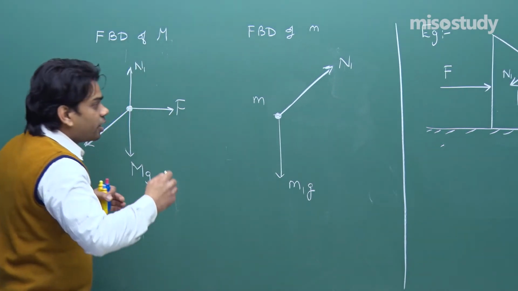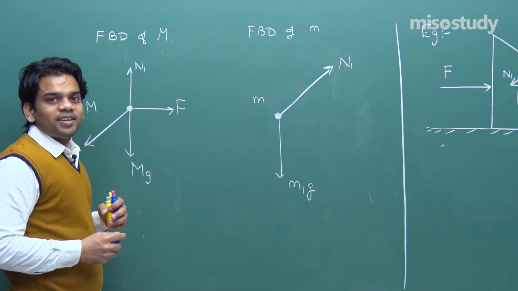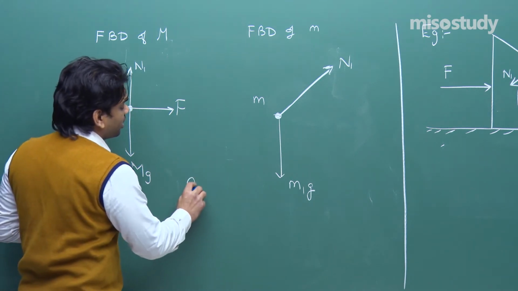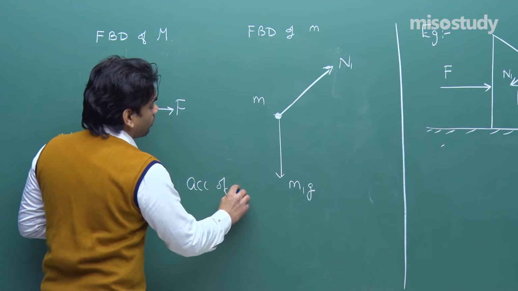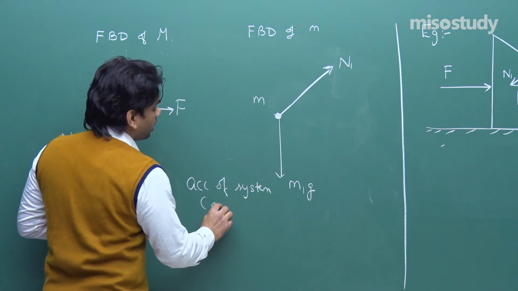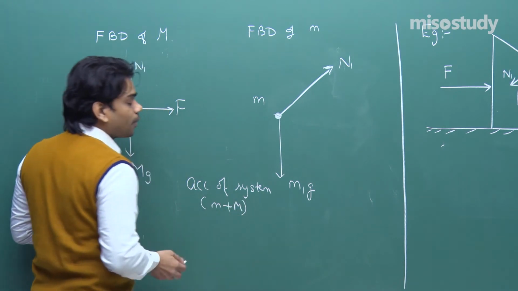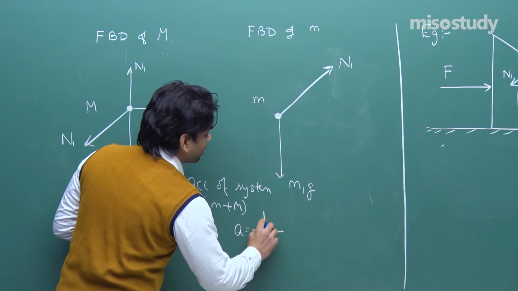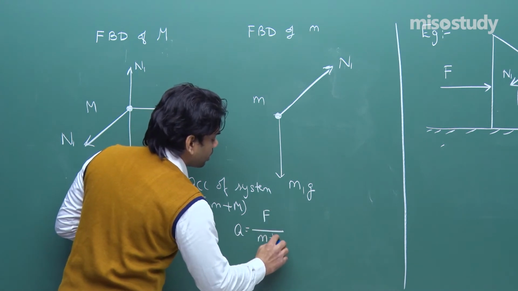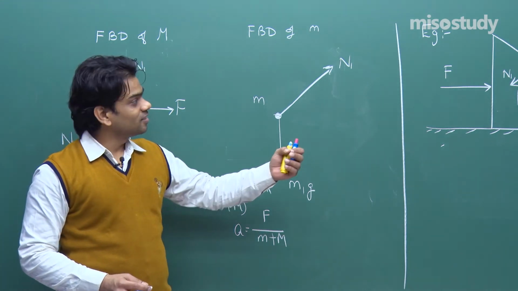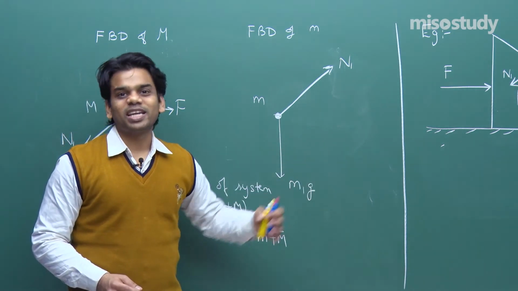Both are moving together with an acceleration a. The acceleration a of the system of small m plus capital M will be the net force upon the total mass. So acceleration a we can write as F upon M plus m. Both the inclined wedge and the small m will move with acceleration a.